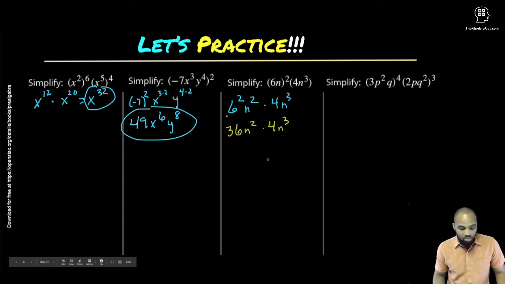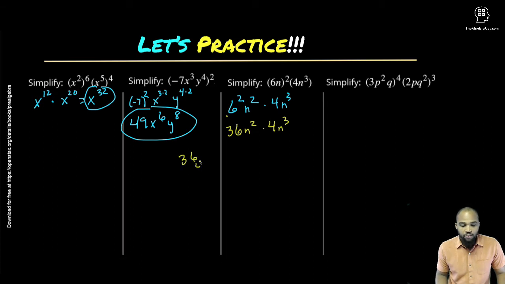Let me do the math on that real quick. 36 times 4 is 144. So 144 when I multiply those two numbers, and n squared times n cubed. So I am still multiplying those, although they're not right next to each other, they're still being multiplied. So I apply the same rule, the product rule, that tells me to add the exponents. Adding the exponents here gives me n to the 5th.